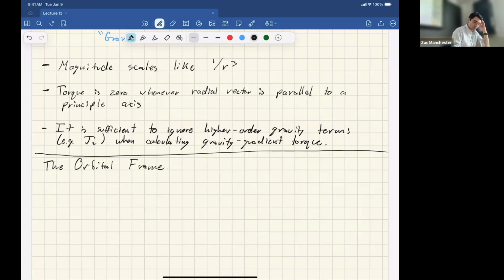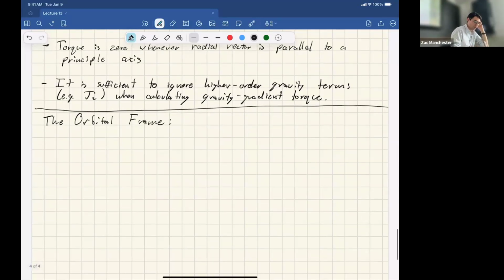When we're talking about attitude of a nadir pointing satellite that's trying to point at the ground, this is the reference frame that's most convenient or natural. This shows up a lot, actually.